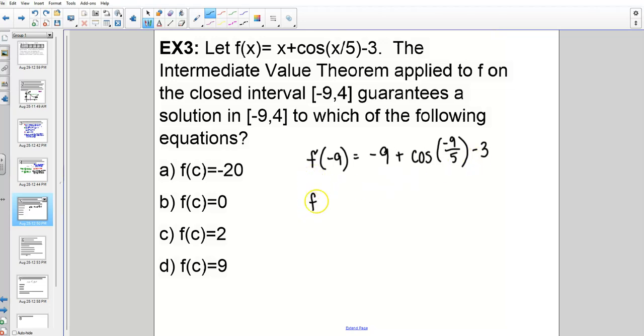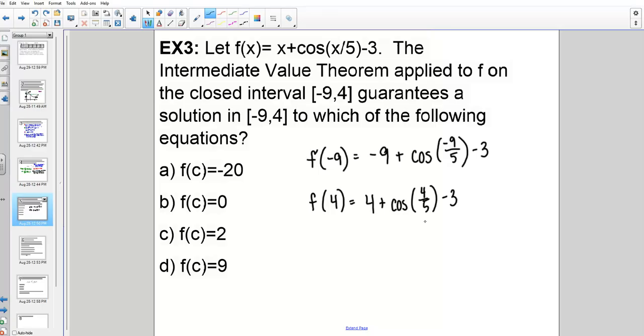And then if I do f of 4, we'll get 4 plus cosine of 4 over 5 minus 3. I could see this going either way.